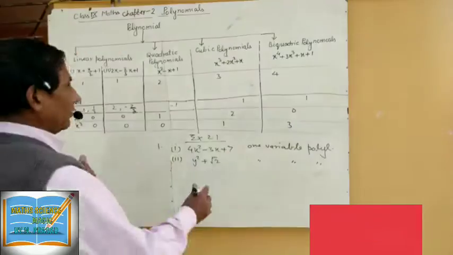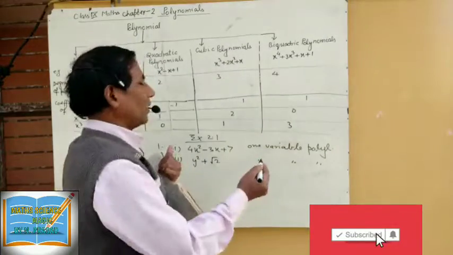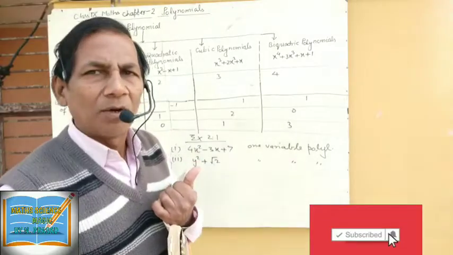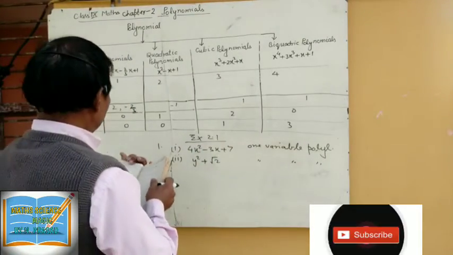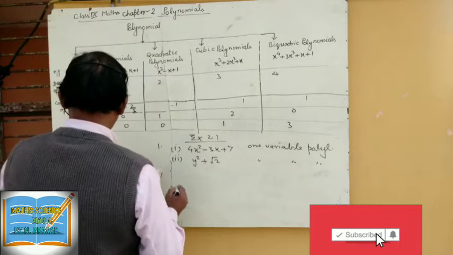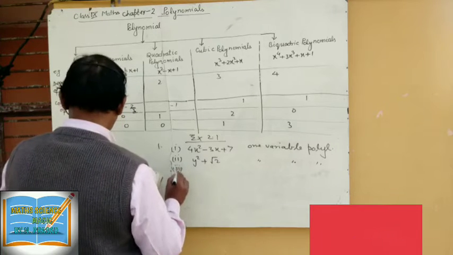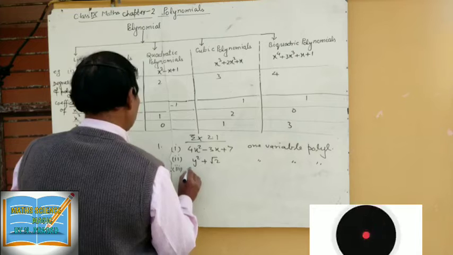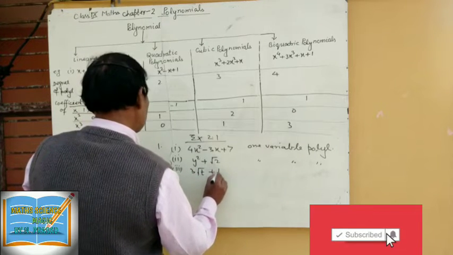For these, we have to say which are polynomials of one variable only, and which are not polynomials. That's also what you have to say in these examples. In this example, the third one is given. Question number 1, third part is given, 3 root t plus t root 2.